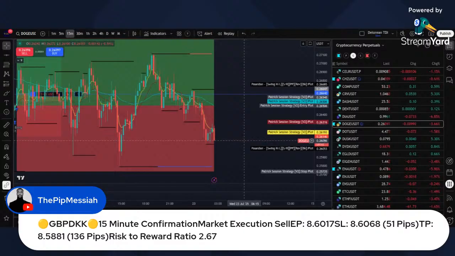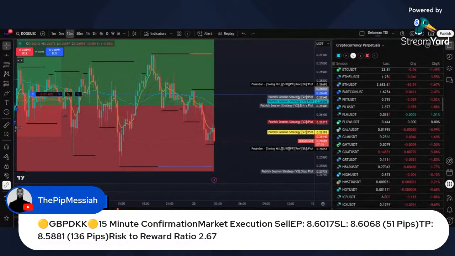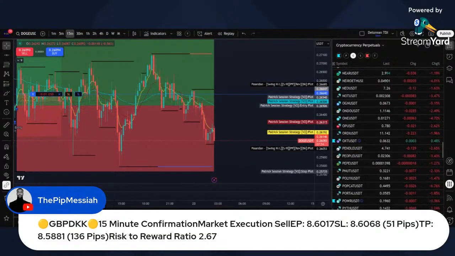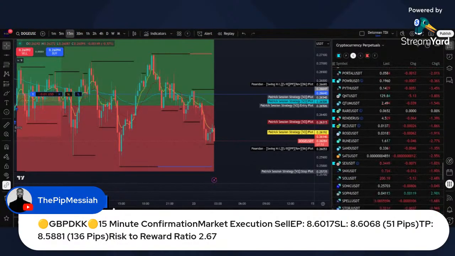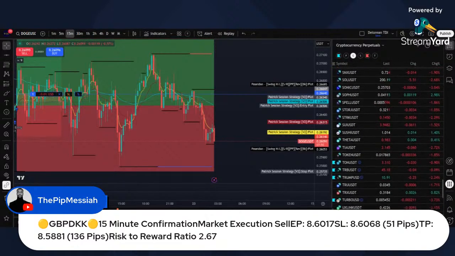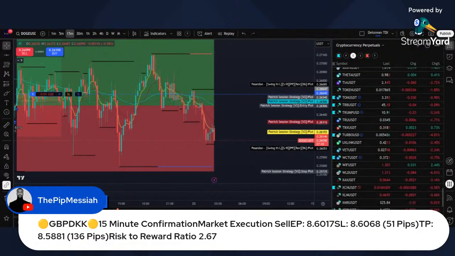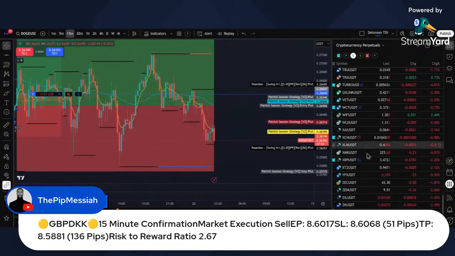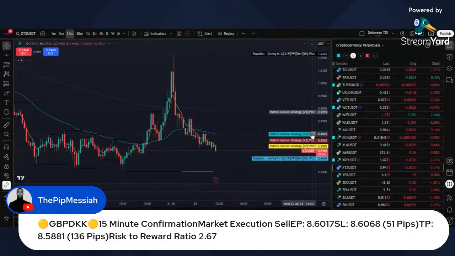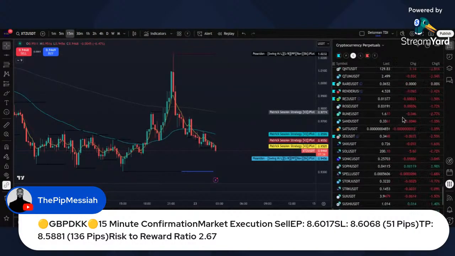Doge is moving. Another one isn't moving very much either.